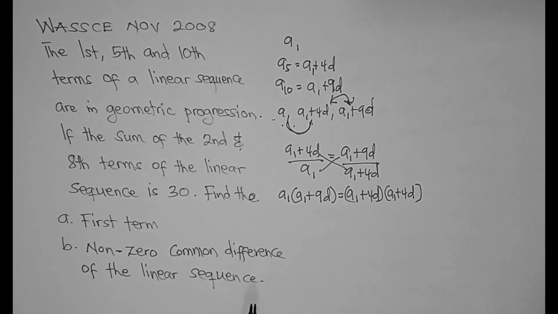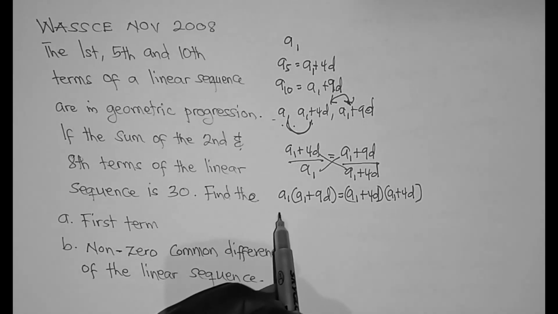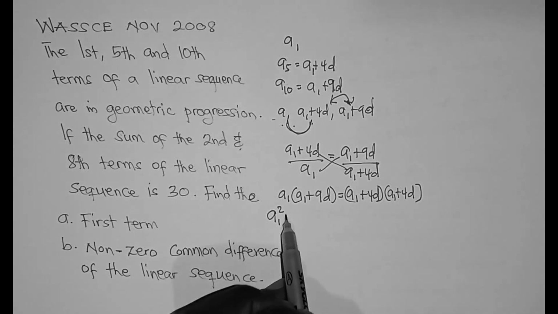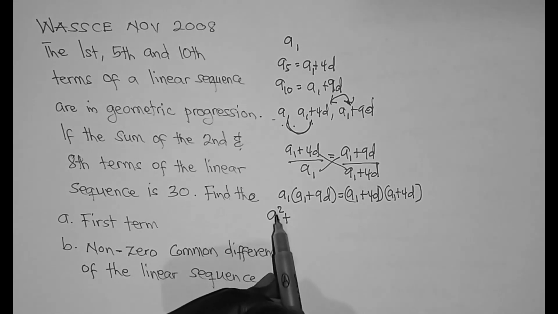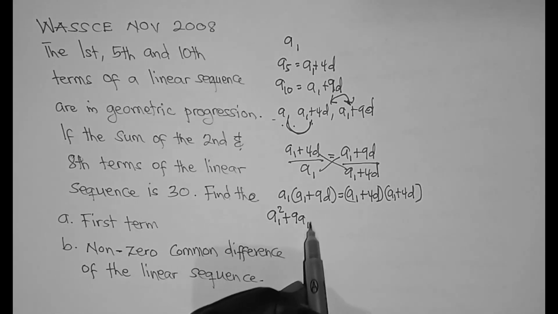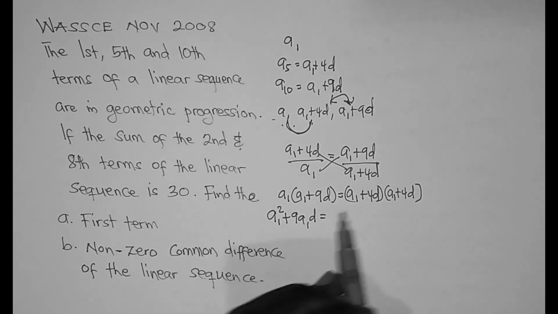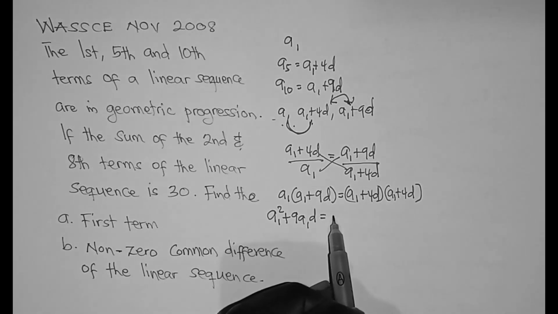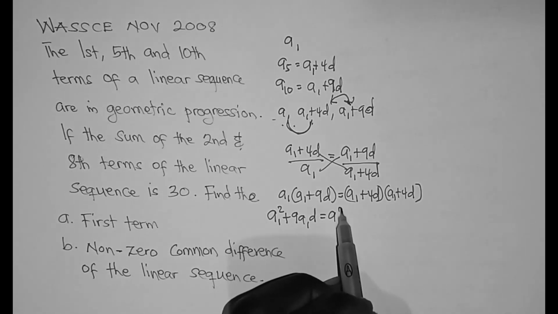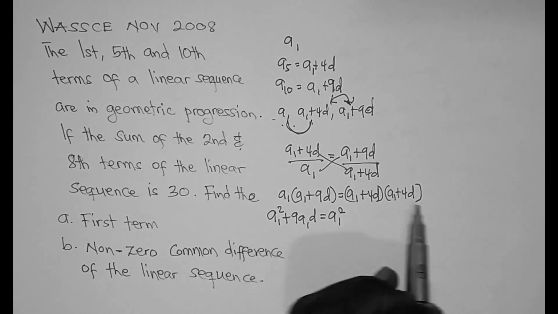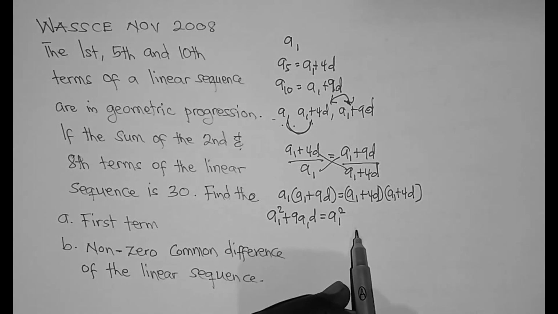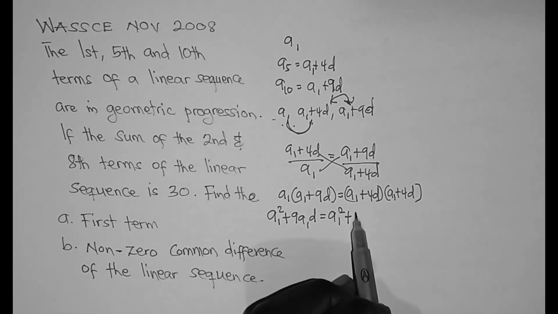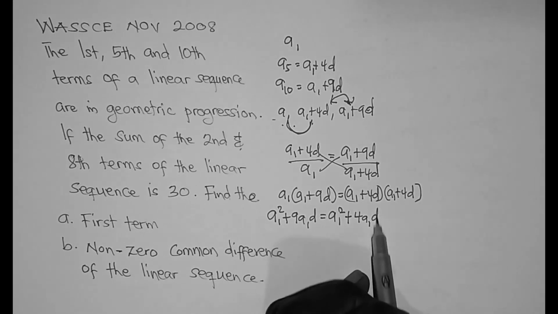So let's distribute. This becomes A1 times A1 is A1 squared. Then plus A1 times 9D becomes 9A1D. Then A1 times 4D becomes plus 4A1D.